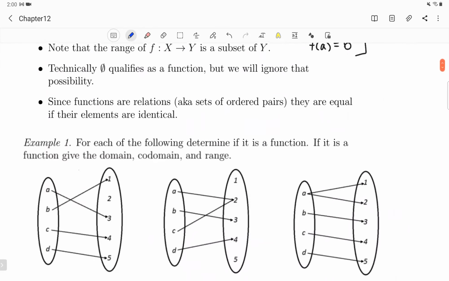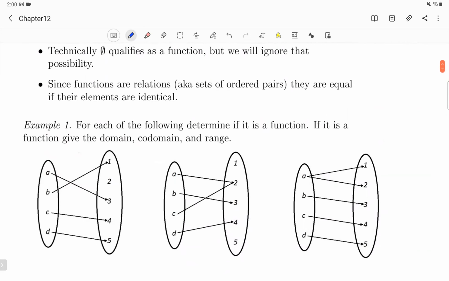Since functions are relations, that means they're sets, so they're equal if their elements are identical.